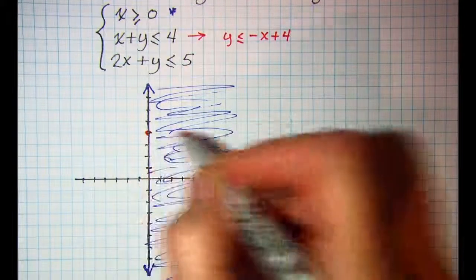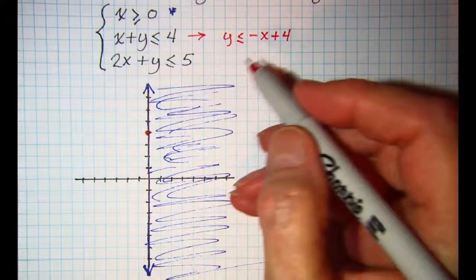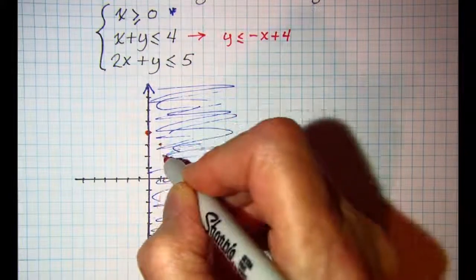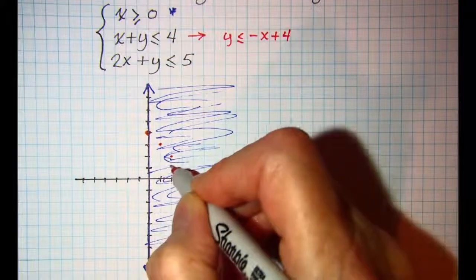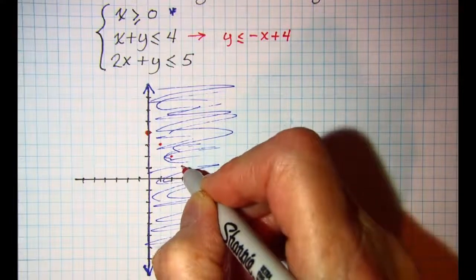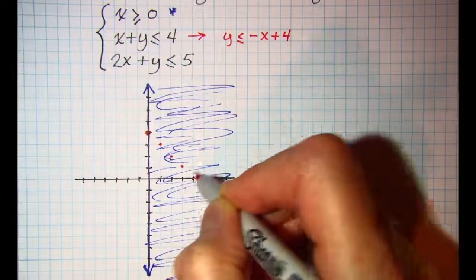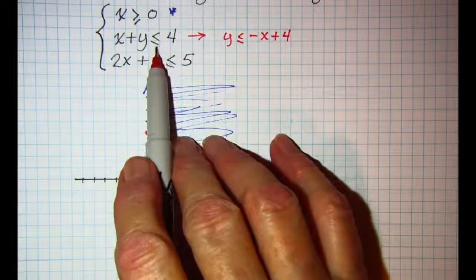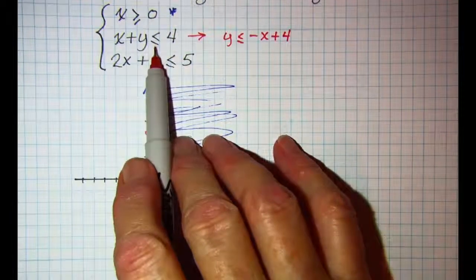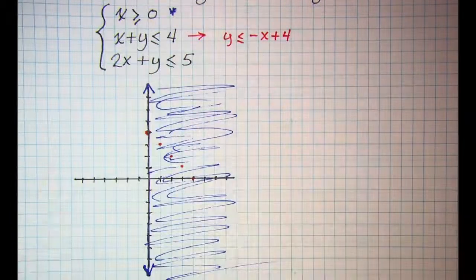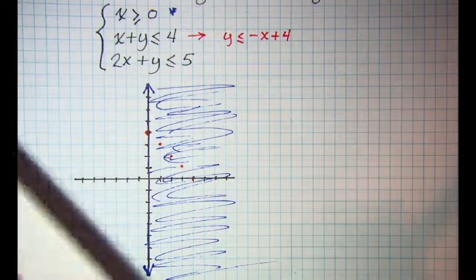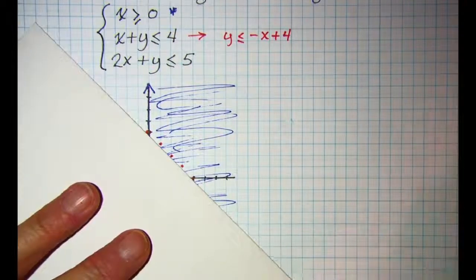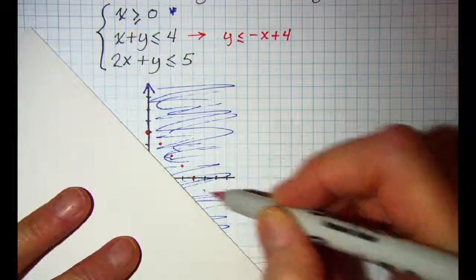Y-intercept of 4 and a slope of negative 1 means I'm going down 1, right 1. Since I have less than or equal to on the inequality symbol, I'm going to have a solid boundary line. So I need to connect all of these corners.